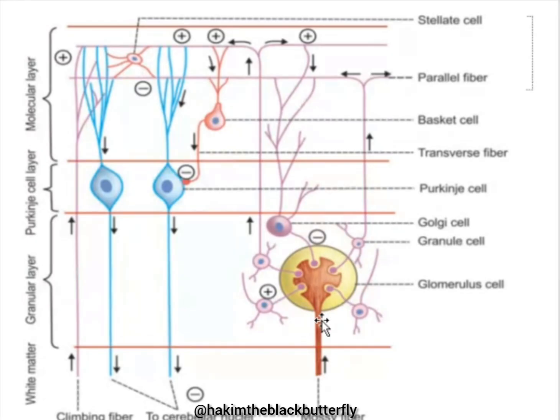Those are the 2 types of neurons which transmit afferent information towards the cerebellar cortex. They are the 2 neurons through which afferent information reaches the cerebellar cortex.